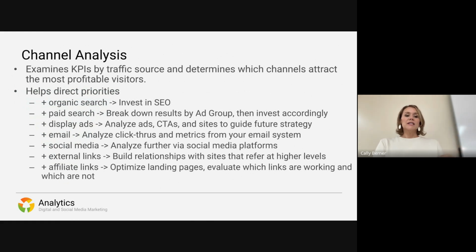So I'm not going to get into this much further, but you can see on down the list how you might look at the data that you've collected on your website to help you optimize the way that you're driving people to your site. So display ads, email, social media, any kind of affiliate links that you might have in the works. Those are all really important things that you're going to analyze with the help of analytics.